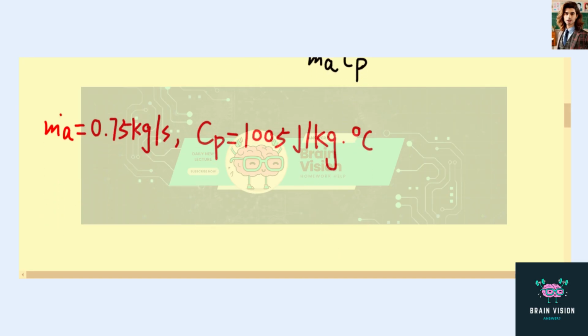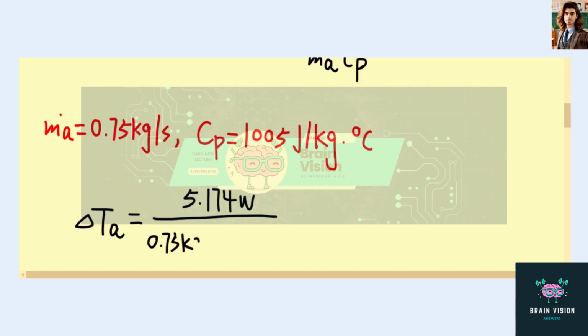So therefore, let's plug back into the equation to determine the temperature change of the air, which is equal to 5.174 watts over 0.75 kilogram per second, and then multiplied by 1005 joule per kilogram times degree Celsius.